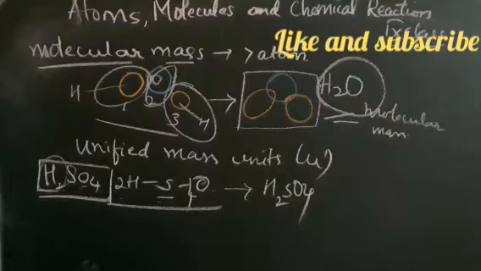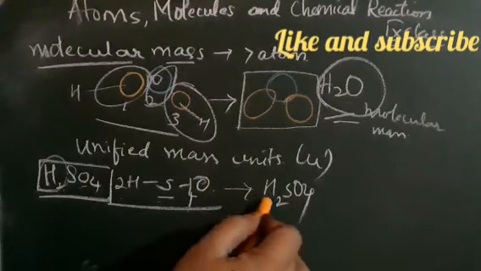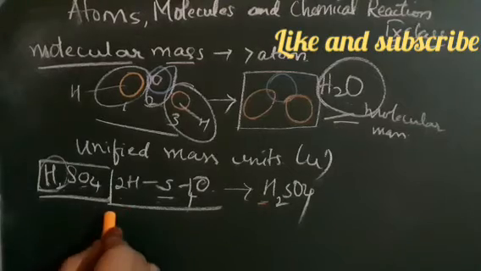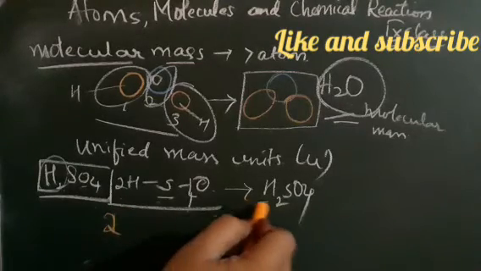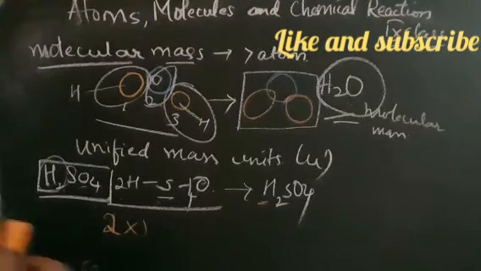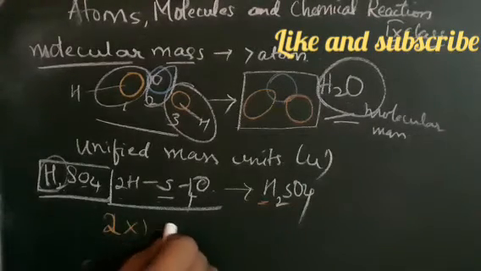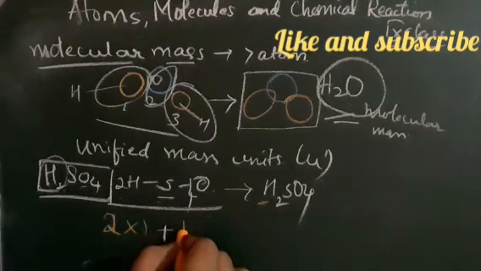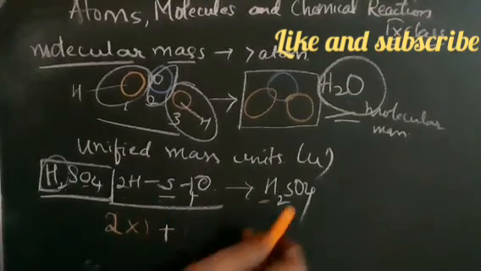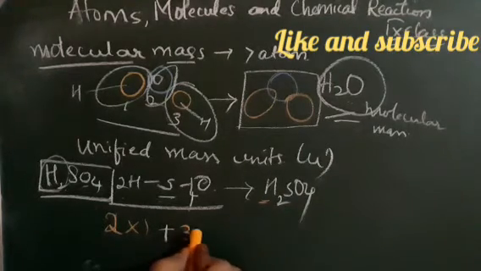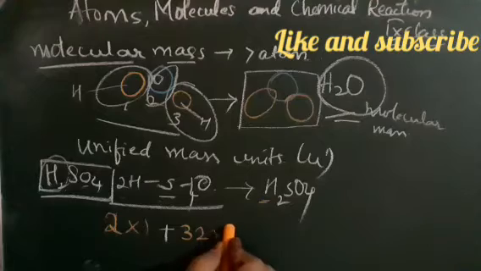Now how are we going to find the molecular mass of H2SO4? How many hydrogen atoms are there? Two hydrogen atoms. And what is the atomic mass of hydrogen? 1. Then we are going to add sulfur. How many sulfur atoms are there? 1 sulfur atom. And the atomic mass of sulfur is 32, into 1.